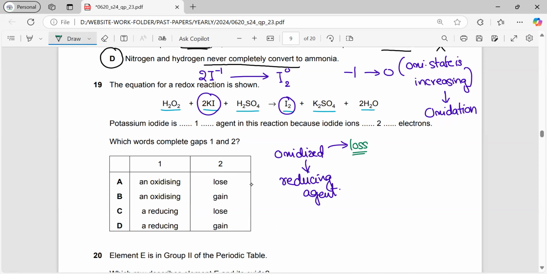The iodide ion -1 has extra electrons, so it is losing electrons. Iodide ions are acting as reducing agents because after losing, they add electrons into the other substance. So option C is correct.